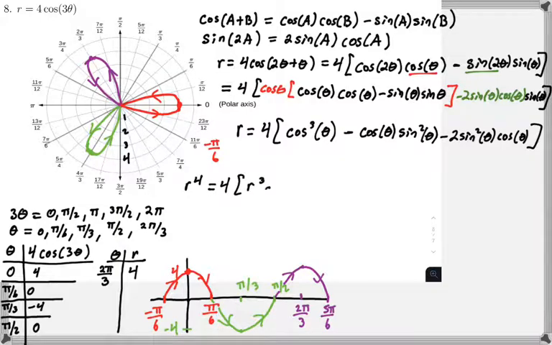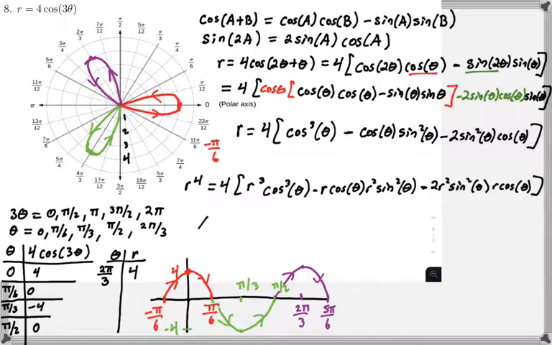4 r cubed cosine cubed theta minus, then we'll split up the factor of r cubed as an r and an r squared. And we'll split up that factor of r cubed as an r squared and an r.